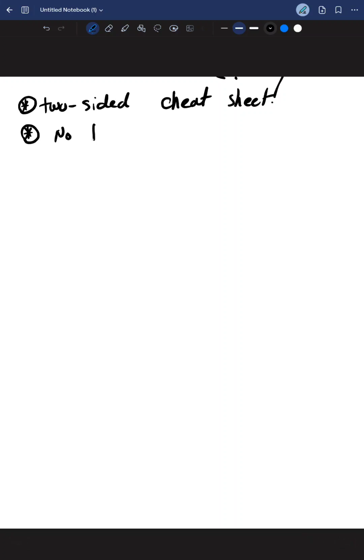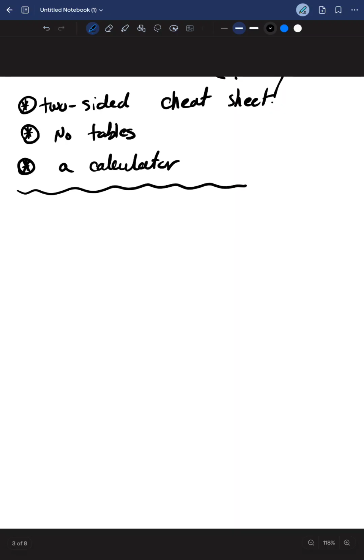You can bring just one two-sided cheat sheet to class. You do not need to bring tables, and you can use a calculator.